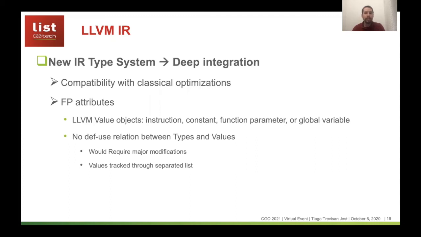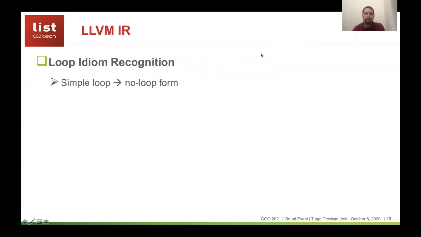One important characteristic of our type system is that there is no def-use relation between these types and the values. That would require major modifications, and we opted not to do it that way. Instead, values are tracked through separate lists, and each one of these values is marked with intrinsic calls, which means that we are able to update them but not delete them.